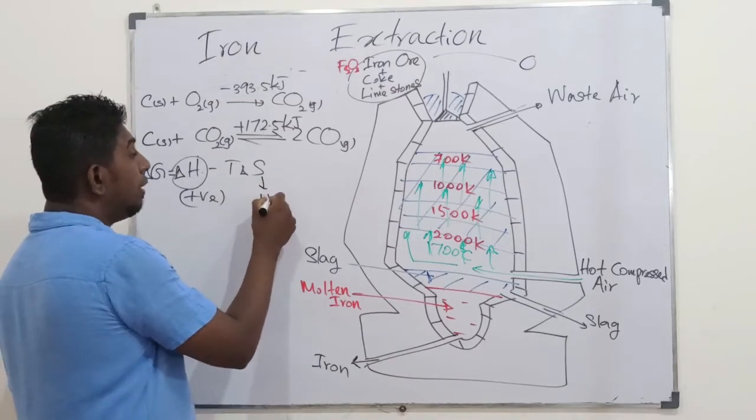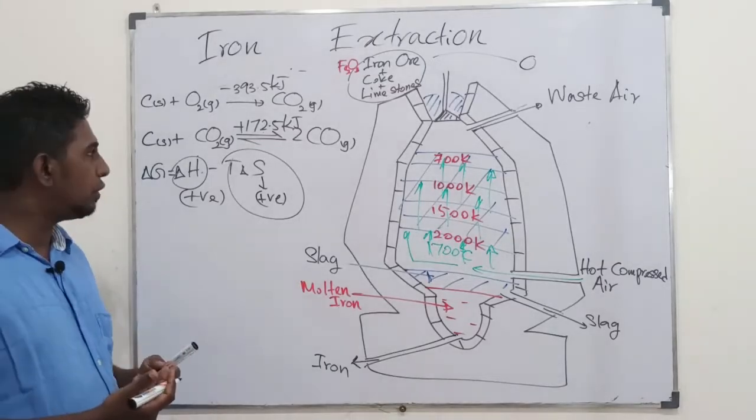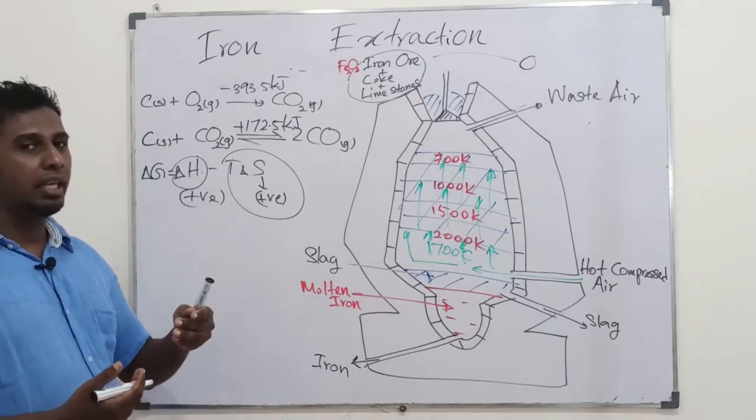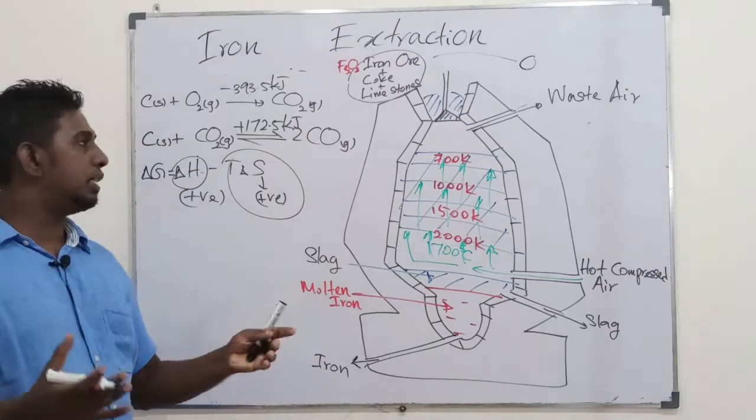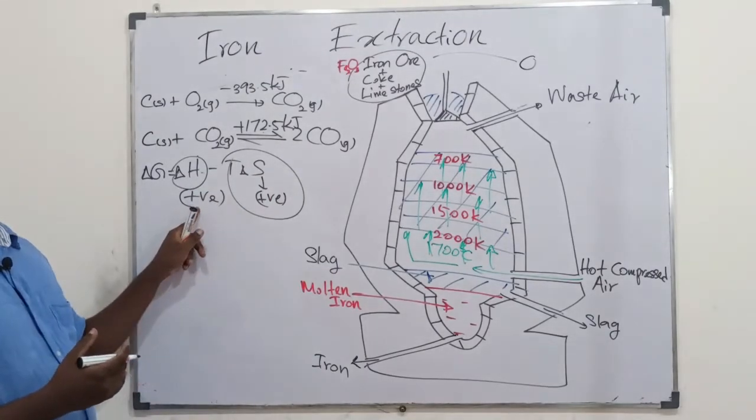So the T delta S product is also positive, and at high temperature it would be highly positive. This value, with the negative sign, would exceed the delta H value.